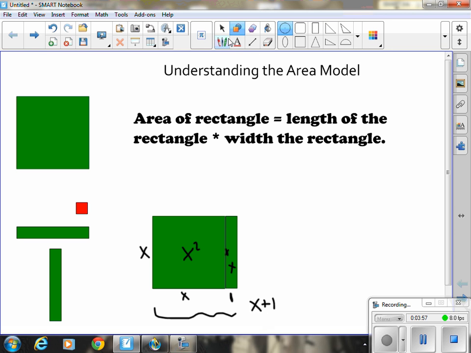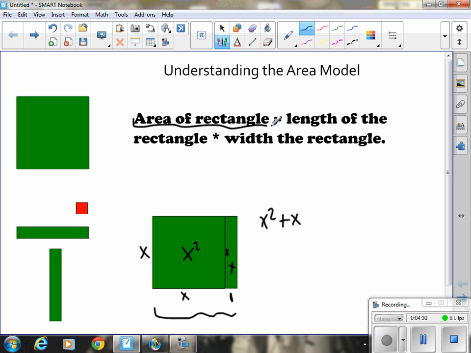Let's give two representations for this area model. Number 1, I can look on the inside, because area is composed of the inside portions. That's what area means: the measurement of what is inside a figure. Looking inside my figure, the area can be represented by this piece that's x squared plus this piece that has an area of x. But I also know that the area of any rectangle can be represented by the length times the width.